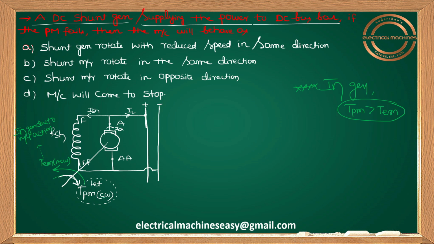So what is the meaning of that? When it is acting as a DC shunt generator, the rotor rotates in the direction of the prime mover torque.